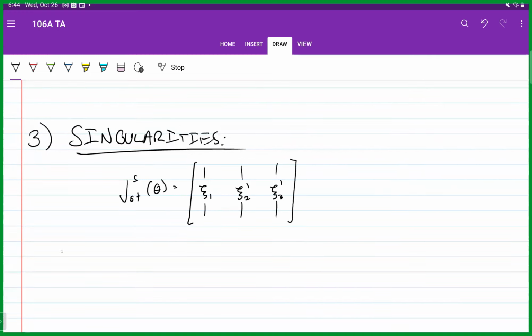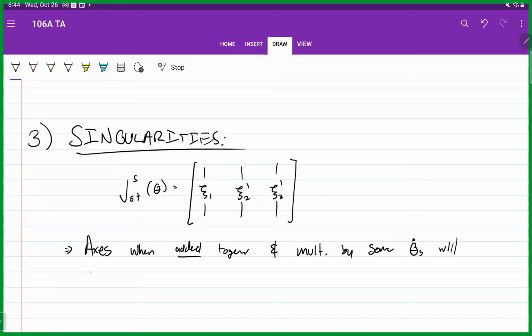These axes, when added together and multiplied by some theta dots, will give us a rigid body velocity for our end effector.